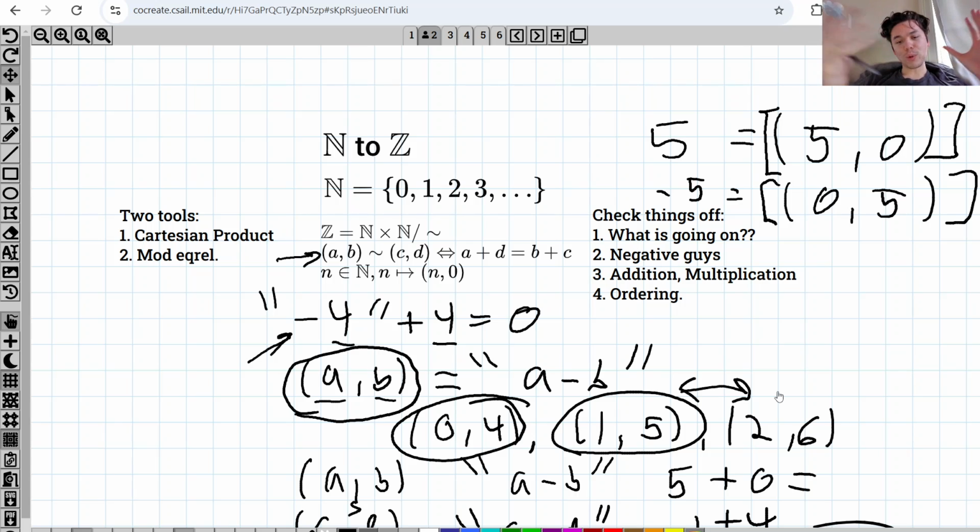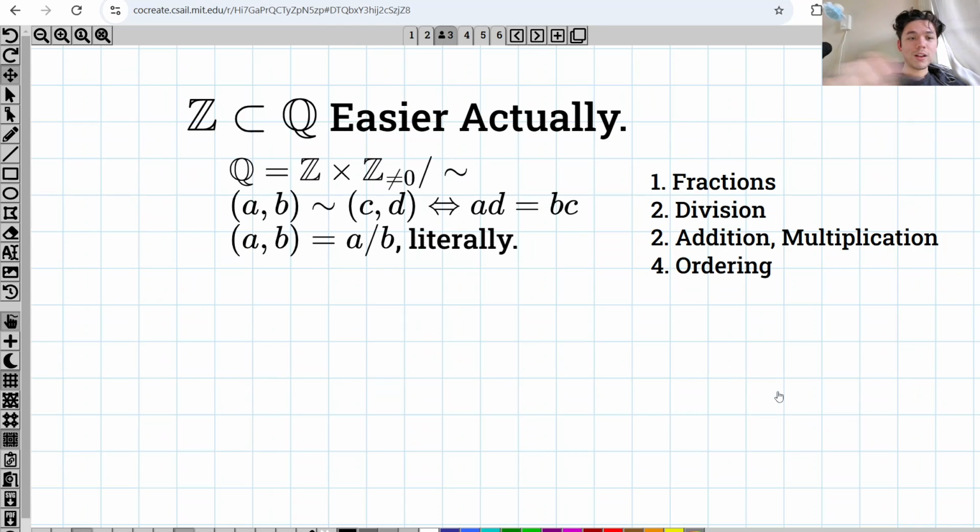We can add things like 1 plus 2 equals 3, but there's no way to do 1 minus 3 because there are missing elements there. So we add those elements in by taking these products, and then we mod out by this relation such that things make sense. We don't get too many elements, and we don't get ambiguity with our operations. Well, when going from the integers to the rationals, exact same thing.